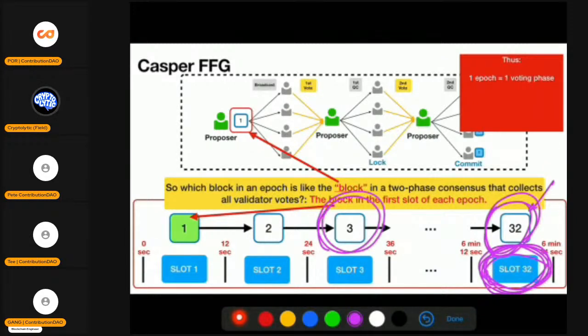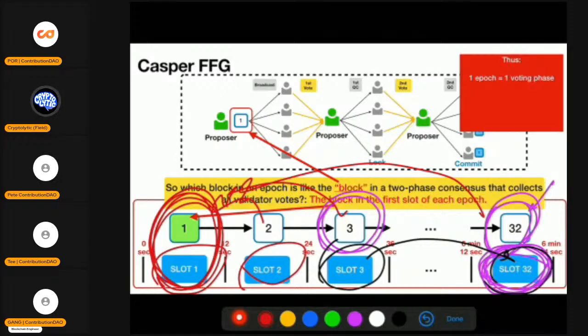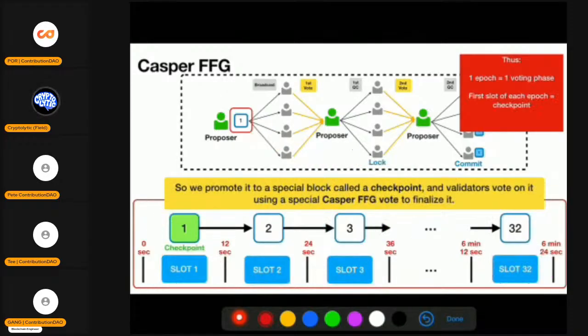If you consider slot T, it receives only the votes from this slot and up to this slot, but it does not receive the votes from slot 2 and slot 1. So only the first slot is the slot that receives votes from all of the validators in this epoch.